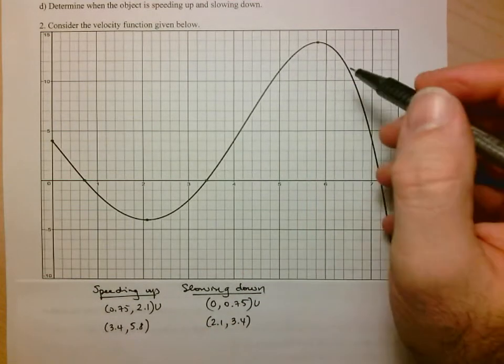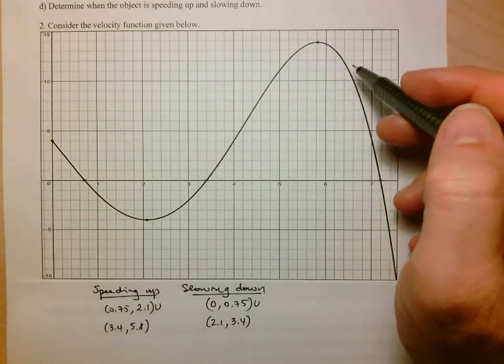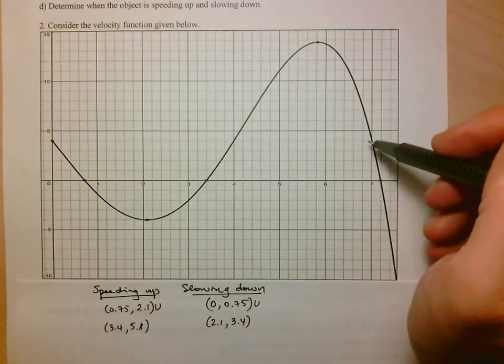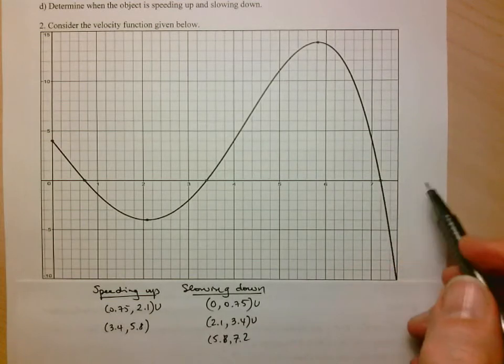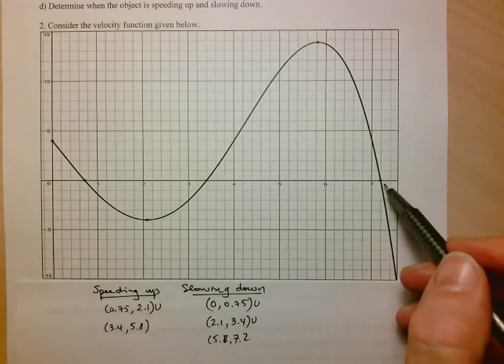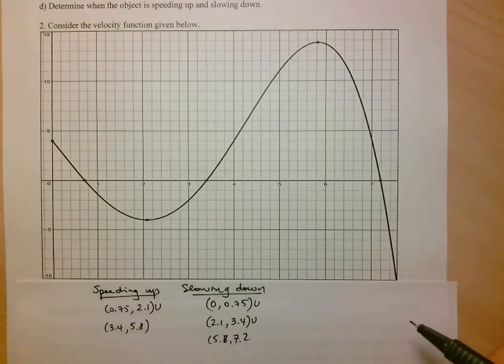Next section, velocities are still positive, but now the slopes of the tangents, the acceleration, are negative, so that's slowing down, from 5.8 to about 7.2. In this last section, the velocities are negative and the slopes of the tangents are also negative, so that's in the speeding up column.